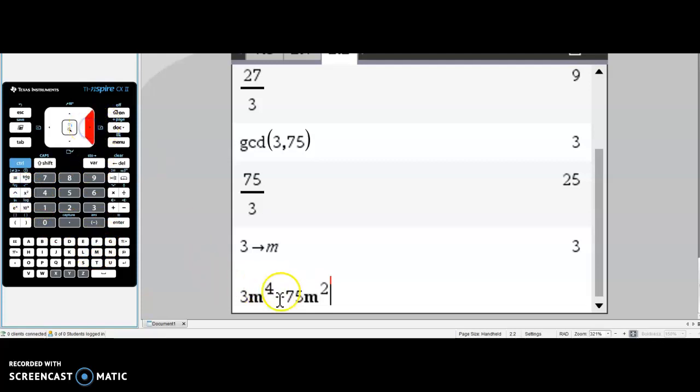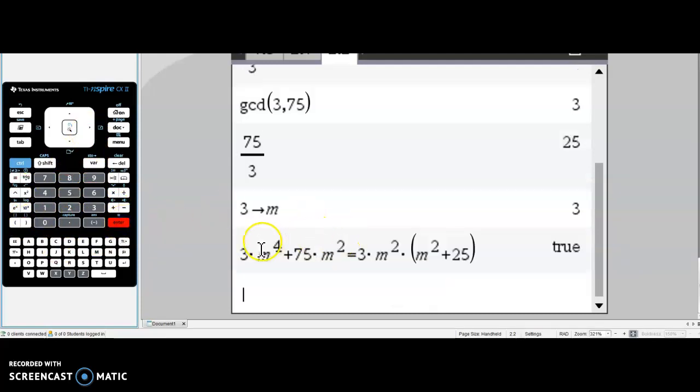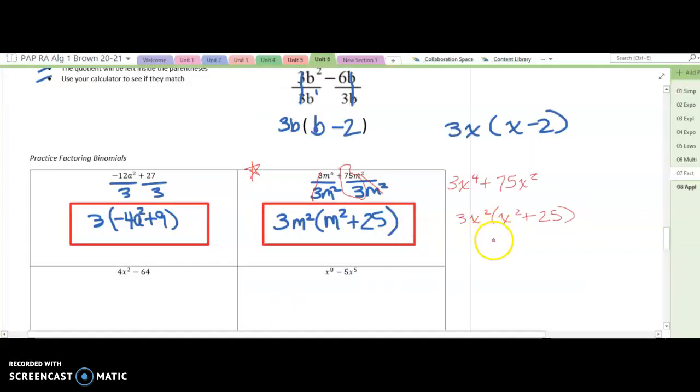Remember, our m's are bolded, so that's a good thing. Equals, and our answer was 3m squared times m squared plus 25, right? All right, hopefully this is true. It does. That's a good thing. All right, so we had time for that. You can use true, false and check that. Says it's true. That's good.